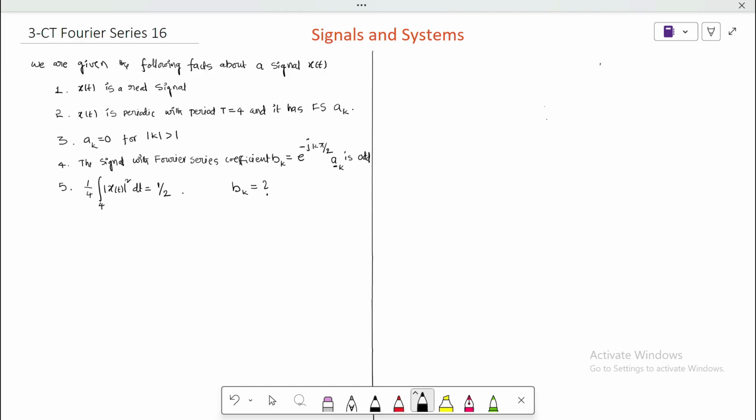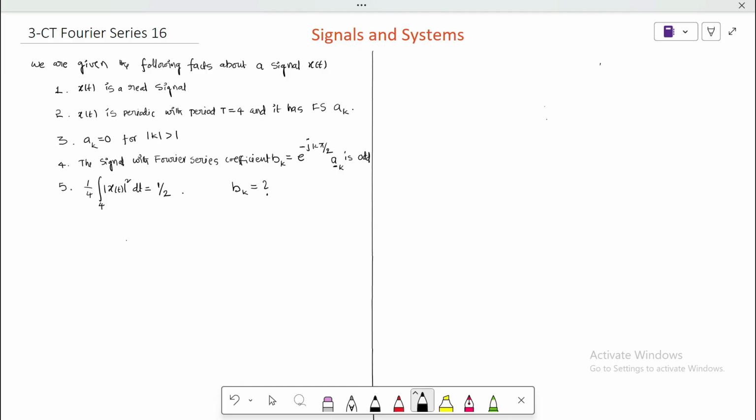This is the property, already discussed in the properties topic, is it? So it should have magnitude only at k equal to minus 1 and k equal to 1. So that is the concept. First of all, we have to find the signal in terms of x of t, is it?